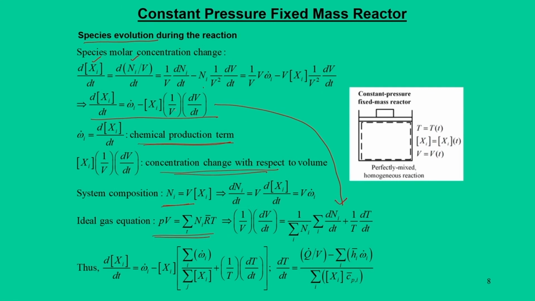That means, we can find from this equation what 1 by V dV by dt is equal to: 1 minus summation of Ni, summation of dNi by dt plus 1 by T dT by dt.